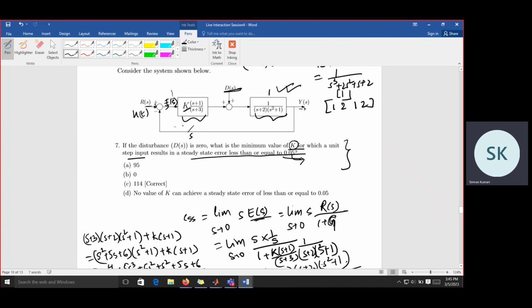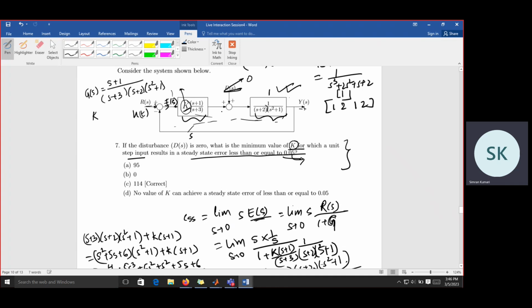This is a feed forward path. We had d set to 0, and if we analyze this, this is the variable, so we can consider this apart from the whole thing. So we have G(s), which is (s plus 1) by (s plus 3)(s plus 2)(s square plus 1), and we have a variable which is k.